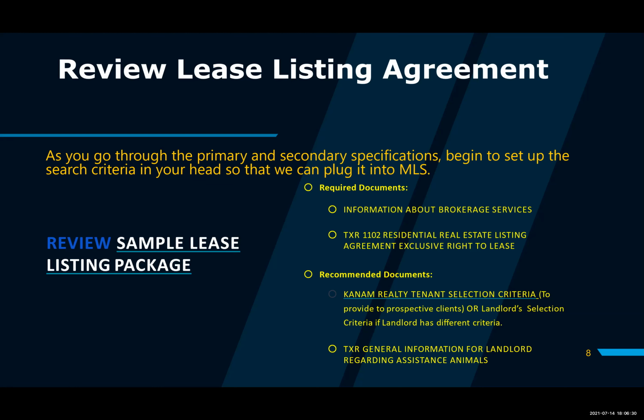And then TREC created a new amendment or addendum to the residential contract. It's called the addendum regarding residential leases. This is new. If you do have an active lease on the property and you're selling it, this needs to be included along with all your other important documents when you list a property.